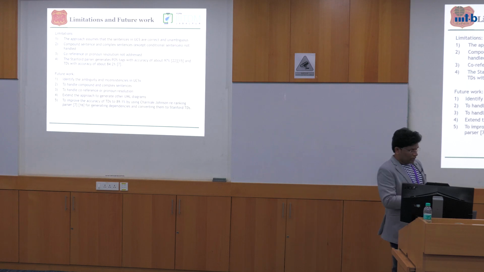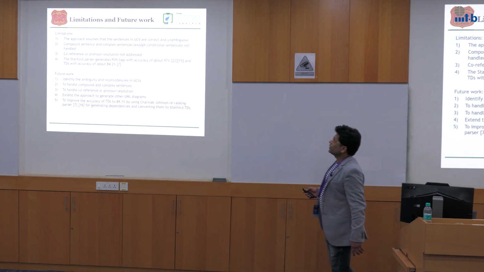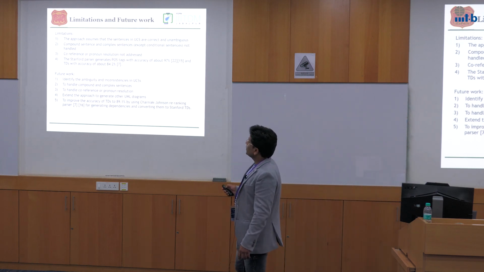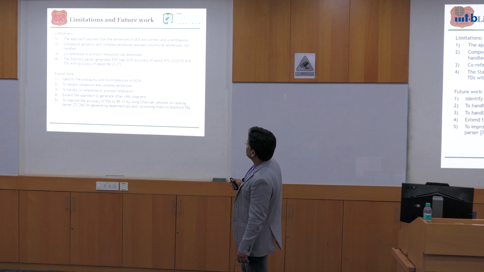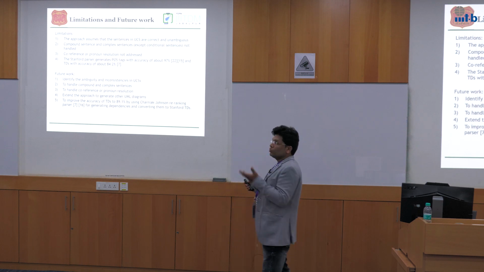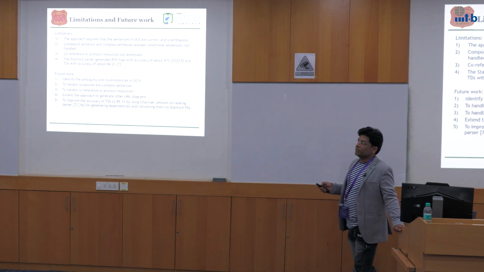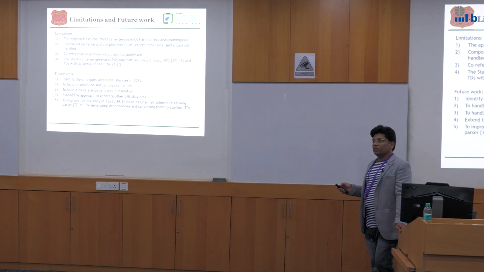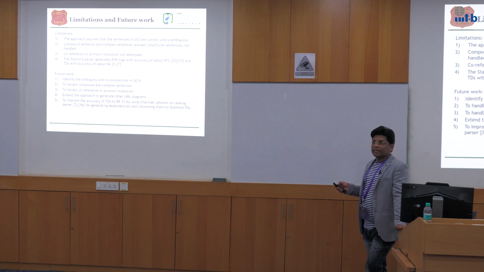Here are some limitations of our work. The approach assumes that the sentences in the UCS are correct and unambiguous. If the UCS contains incorrect sentences, the parser will not be able to correctly identify the type dependencies between the words in the sentences.